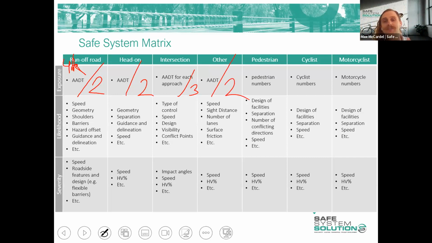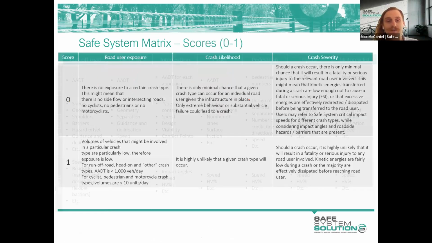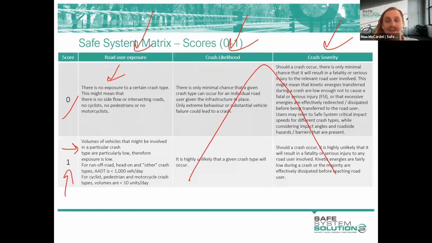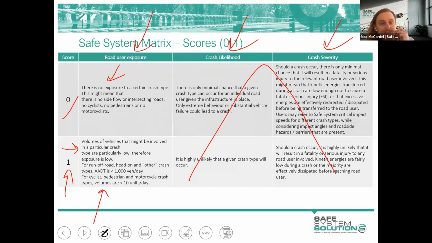Pedestrian numbers, cyclist numbers, we rarely have counts for them. But the way our scoring sheet works is the next sentence down, you can see for cyclist, pedestrian, and motorcycle crash types, where volumes are less than 10, you give it a score of 1.